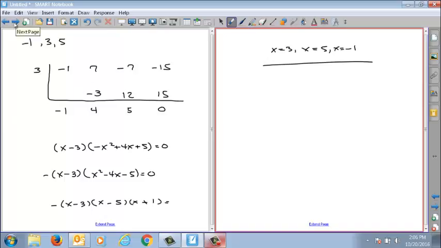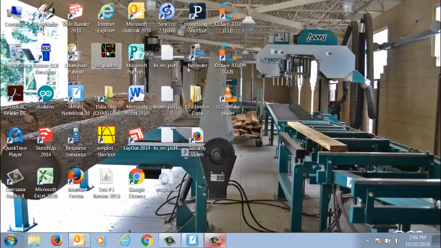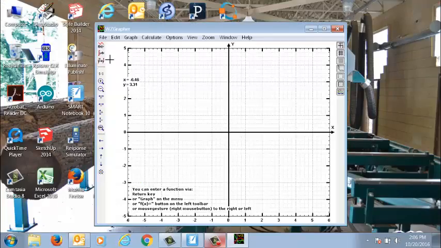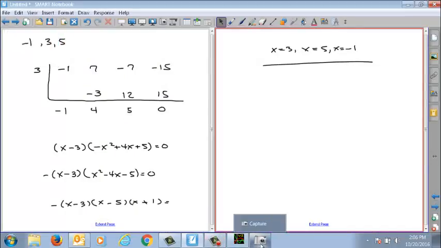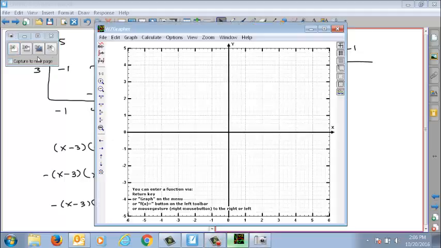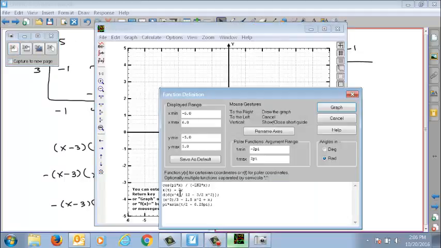So let's go ahead and do the graphing program just to show you this is true. So let's get my camera. So we're going to put in the function, which is negative x cubed plus 7x squared minus 7x minus 15.